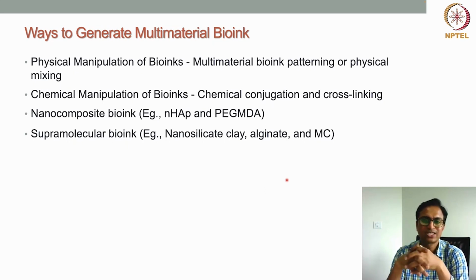When different nanostructures are incorporated within a hydrogel system, that composite is a nanocomposite, and it can be very well used for different bioprinting applications, because it has huge advantages over a conventional single system, single material bioink.